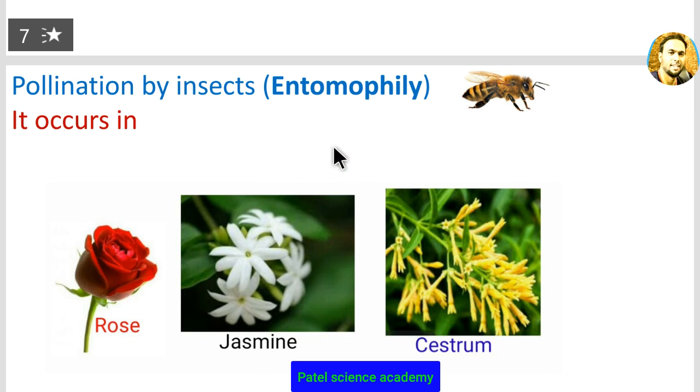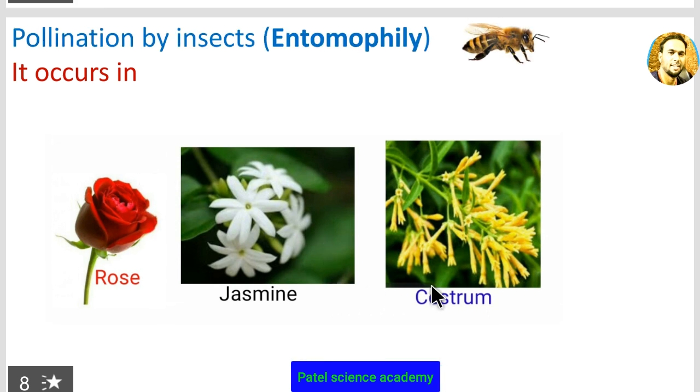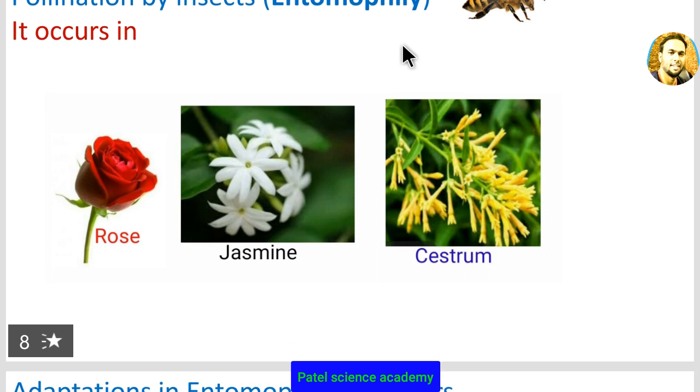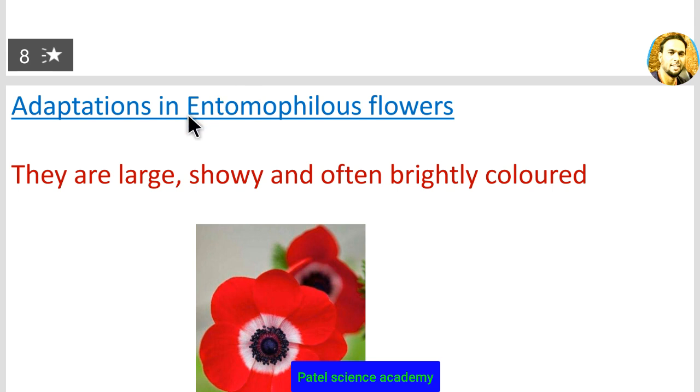Pollination by insects is called entomophily, as I have explained in the previous lecture, and it occurs in the rose, jasmine, and cestrum flowers. These are examples of plants in which pollination takes place by insects. That's why these flowers are called entomophilous flowers.